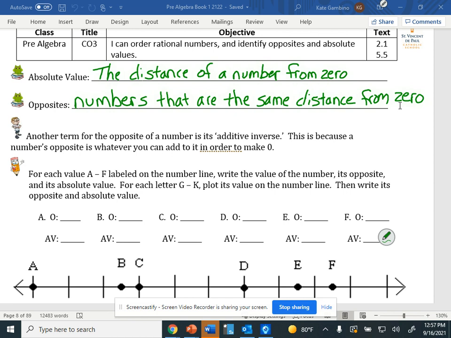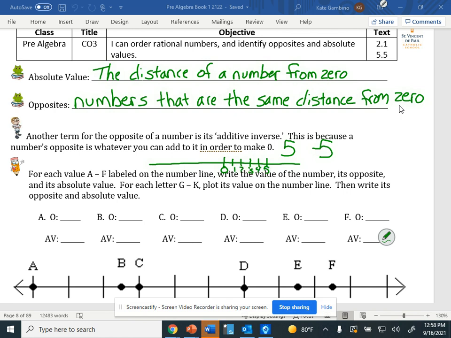Let's do an example. If we have 5, its additive inverse or opposite would be -5, because if we're looking at that number line, we're at 0 here, 4, 5.